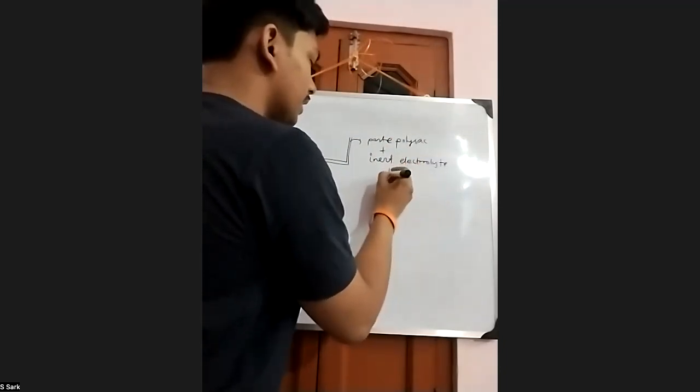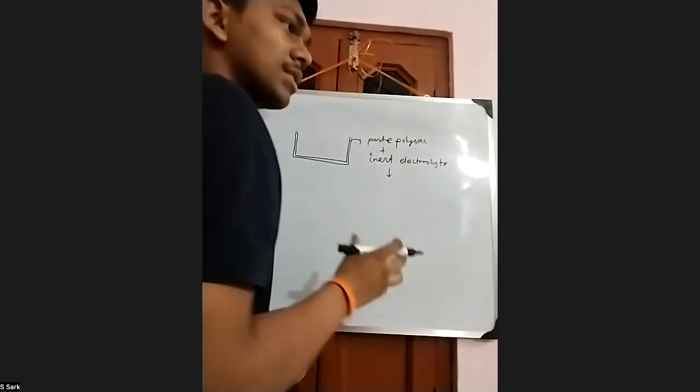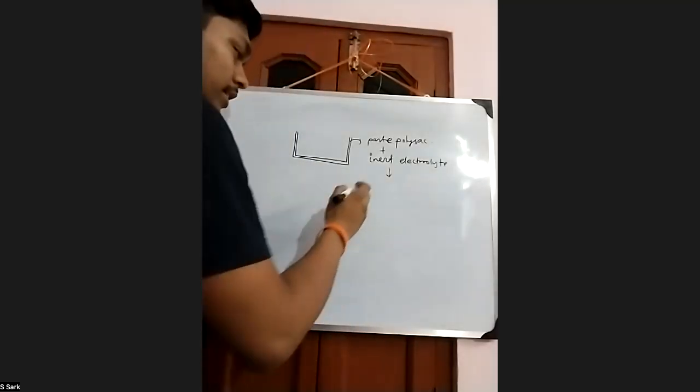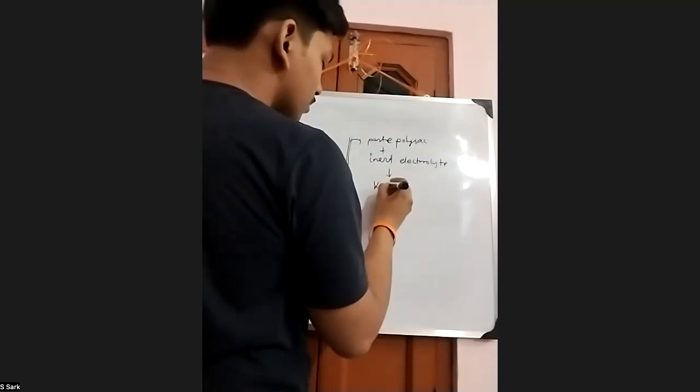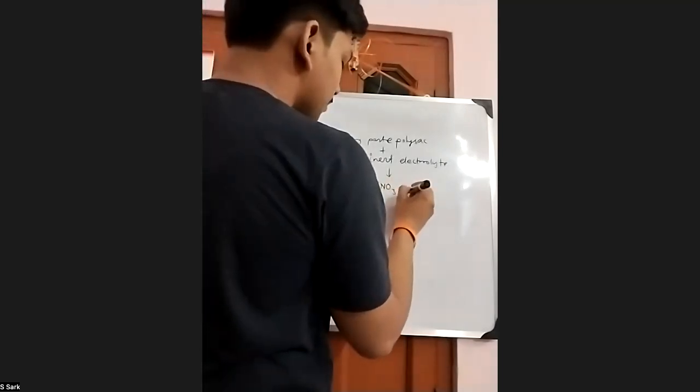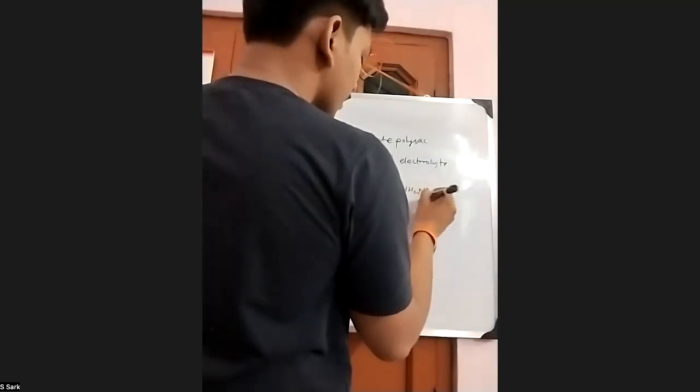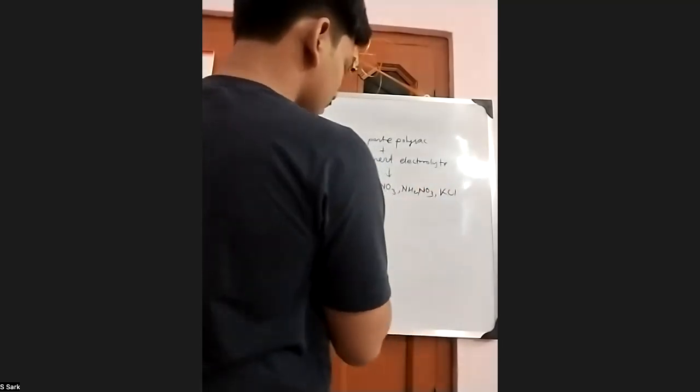Like we can use KNO3, NH4NO3, KCl, etc. These can be used as an inert electrolyte for making the salt bridge.